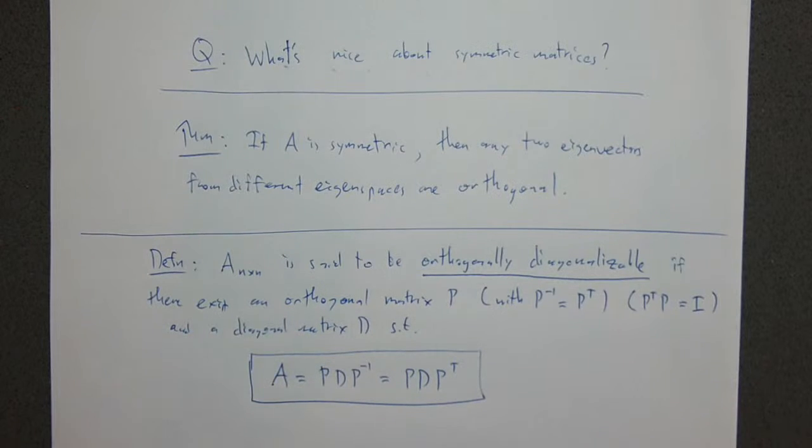So what is this? I mean, the easiest way to say it in words is just, if a matrix is orthogonally diagonalizable, it means it's diagonalizable, but the matrix P that diagonalizes it is an orthogonal matrix, right? But remember how we did diagonalization. How did we construct P, right? If a matrix is diagonalizable, P was constructed from the eigenvectors we found, okay?